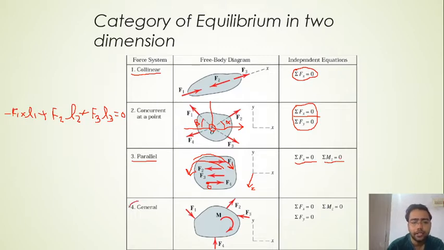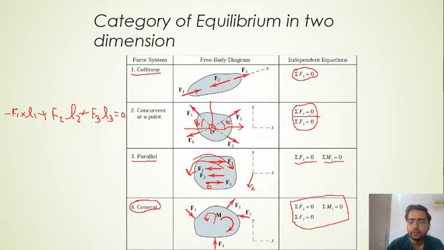And finally is the general case. In the general case, we don't have any common concurrent point through which these forces are passing. We don't have any moment only in positive or negative direction. Forces can be in any direction, moment can be in any direction, positive or negative. Positive means anti-clockwise and negative means clockwise. So in this case we have to have three equations.